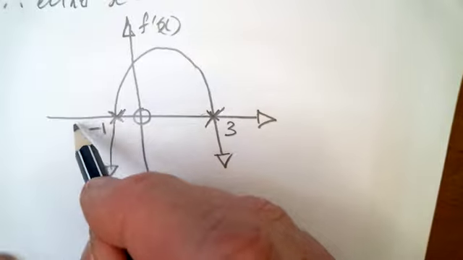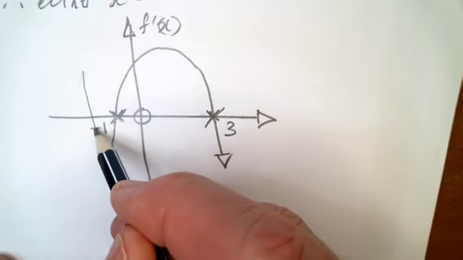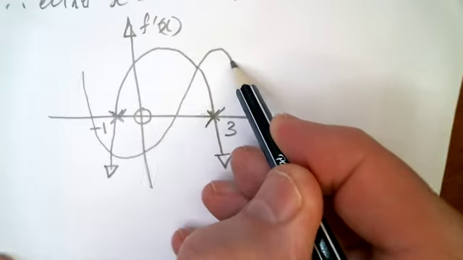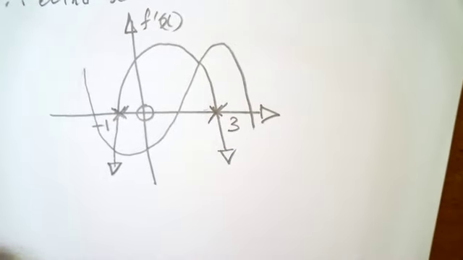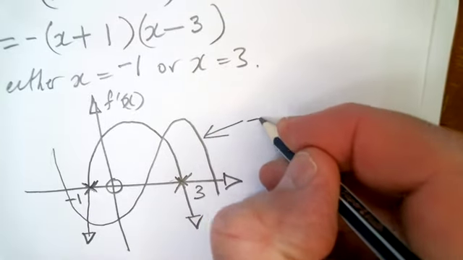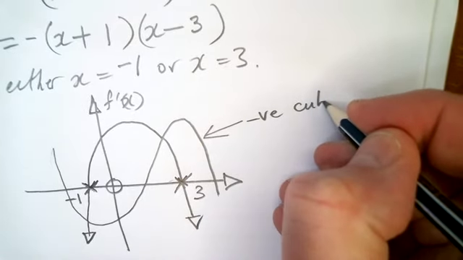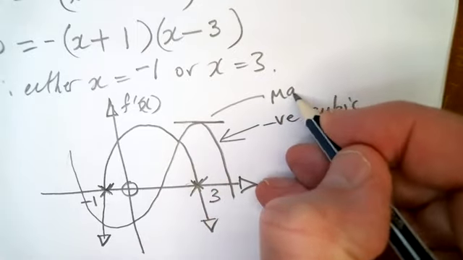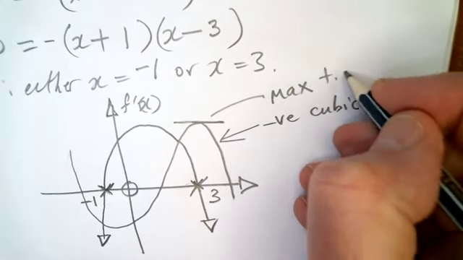Now I'm going to superimpose another graph. So it's going to look something like this, and we don't know exactly, but it's going to look something like that. So we're going to say negative cubic. This is going to be the max turning point.